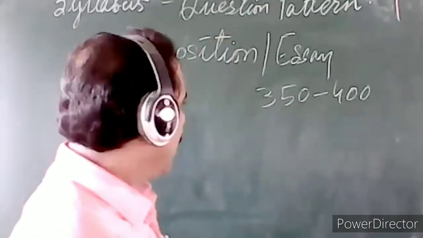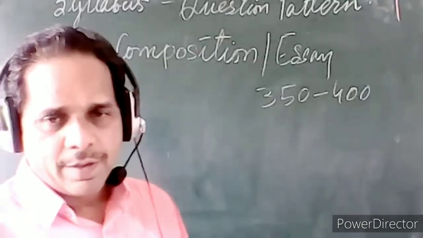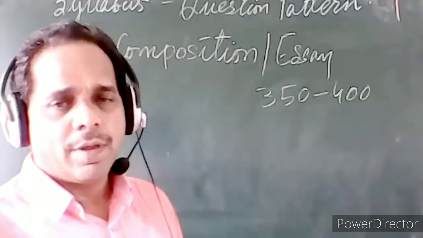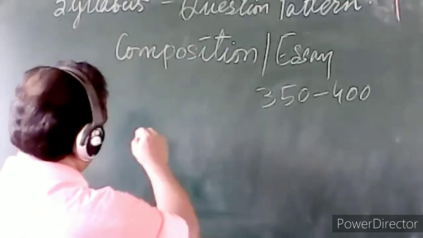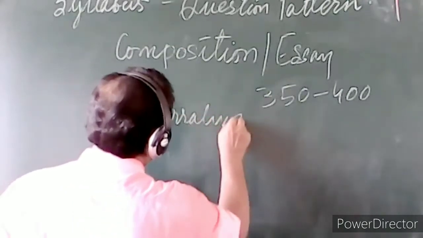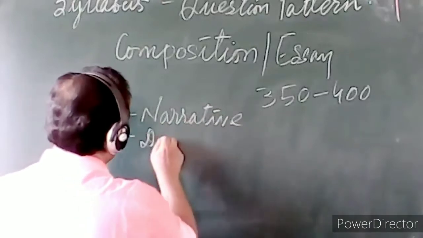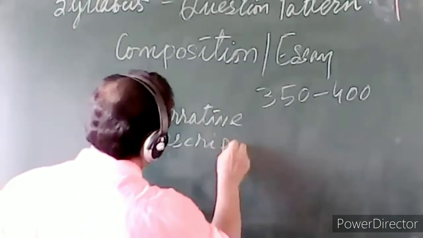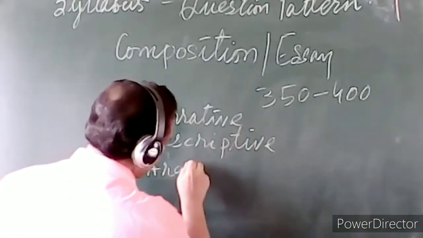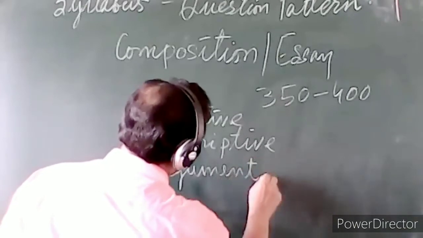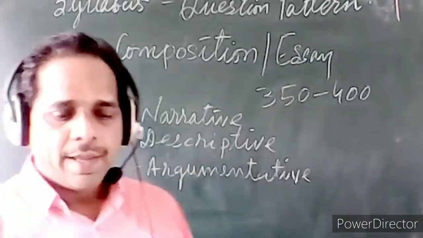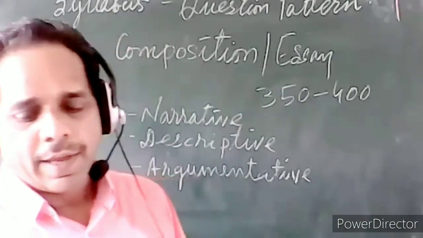So in this, how many types of essays are there? Normally 5 types of essays, and then there will be a short story. So which are the types of essays? Narrative, descriptive, argumentative, so these are types or kinds of essays.